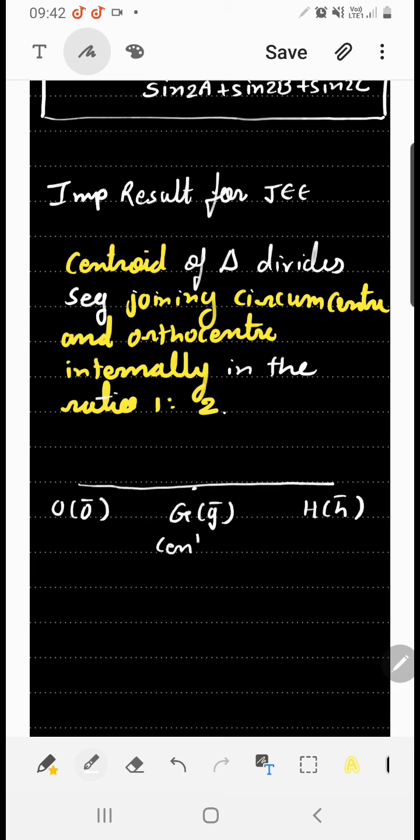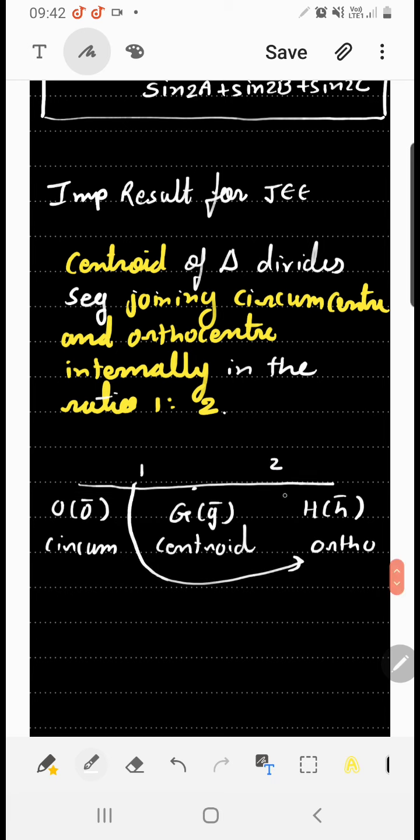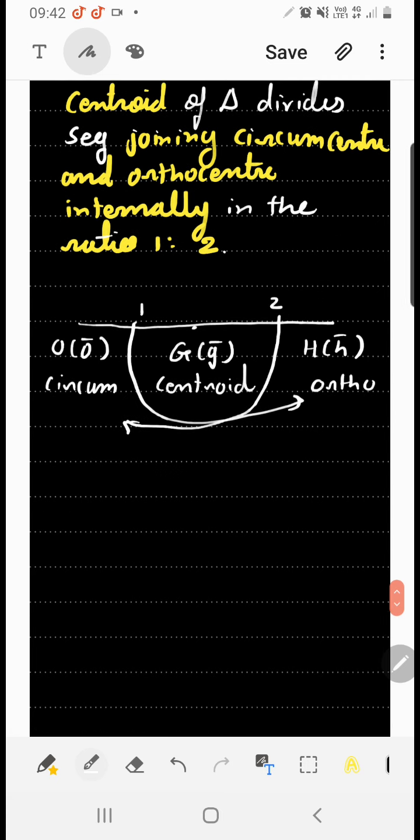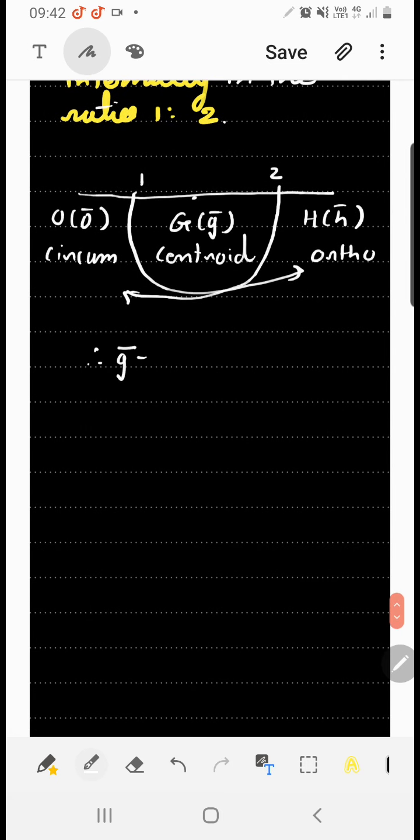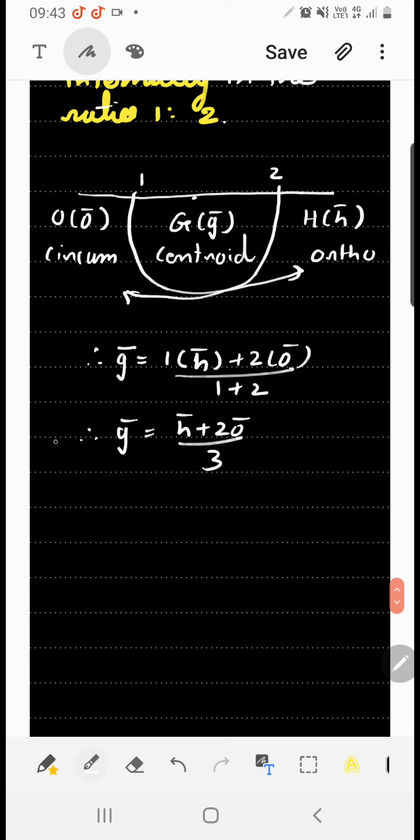So please remember this is centroid, this is circumcenter, and this is orthocentre, in the ratio 1:2. Now this 1 goes to orthocentre, this 2 goes to circumcenter, and if I apply the section formula, I get G bar is equal to 1 time H bar plus 2 time O bar upon 1 plus 2, and therefore G bar is equal to H bar plus 2 O bar by 3, and that is how we get the relation between circumcenter, orthocentre and centroid.